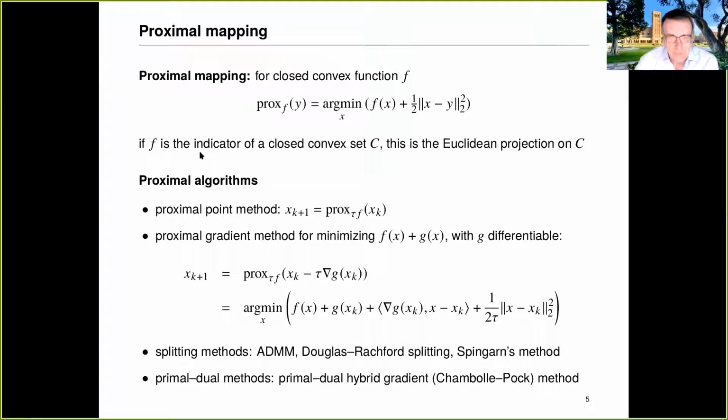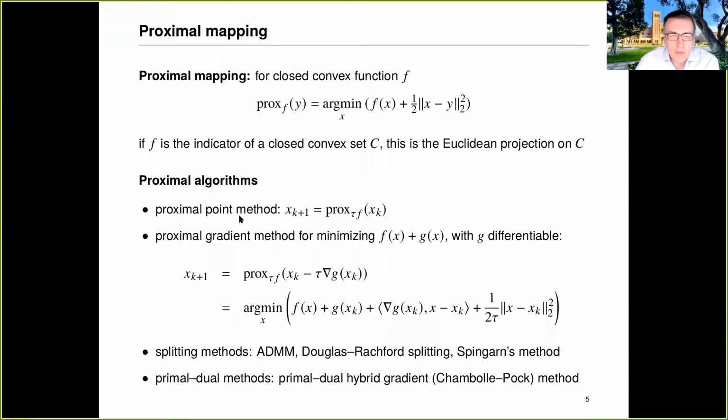And Moreau has shown that if the function f is closed and convex, then this always has a unique solution for every y. So even if f has a domain or f can be non-differentiable and so on. And then that's used in many types of methods. In the proximal point method, we just repeat the proximal mapping and run this fixed point iteration.